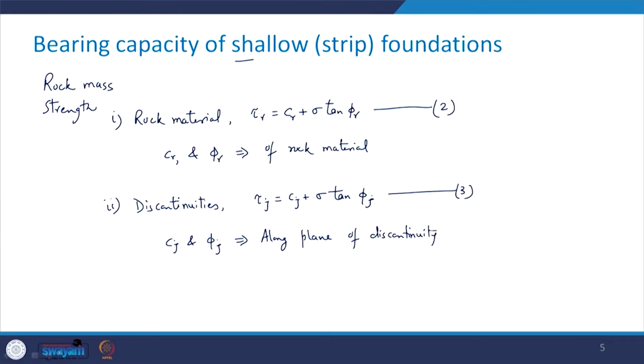So this is how we can find out the strength. Again, here an assumption is involved that these are following Mohr Coulomb criterion. Otherwise, these equations 2 and 3 will not be valid.